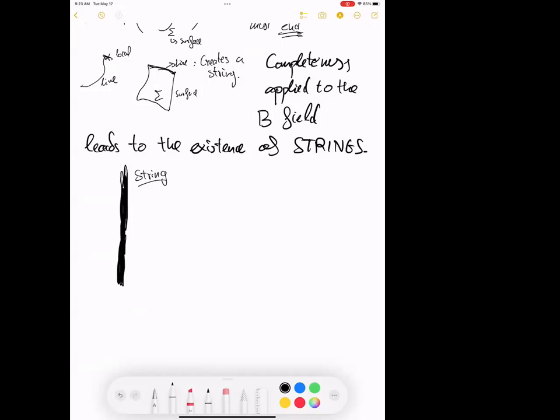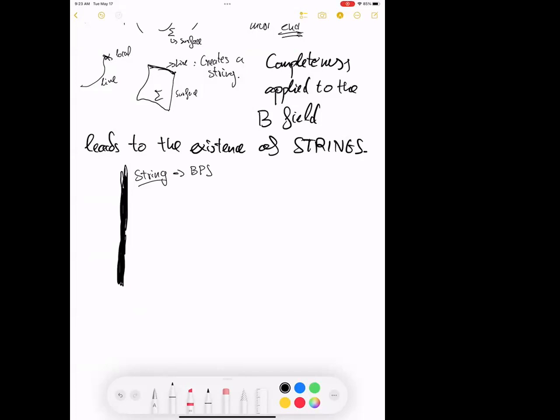I mean, the completeness principle doesn't tell you this. But in theories with enough supersymmetry, it's certainly always true that the objects that satisfy the completeness principle are supersymmetric objects. And in fact, you're completely right. I'm going to assume that the string is BPS.